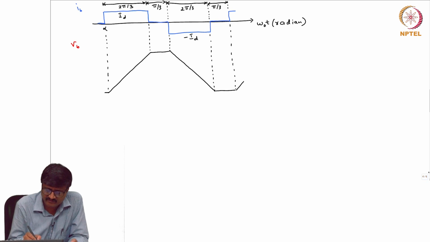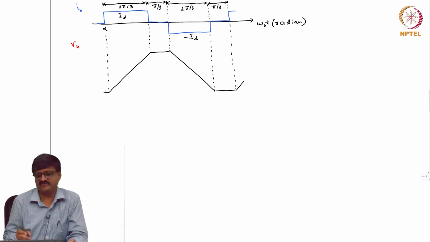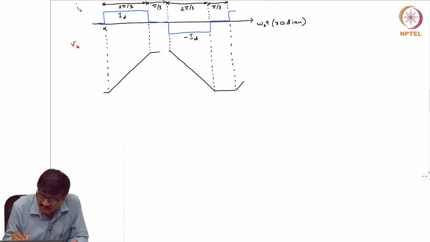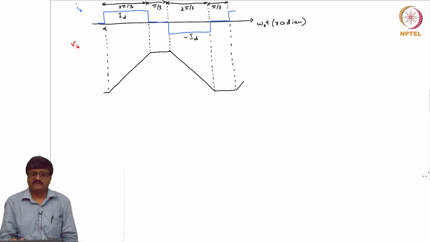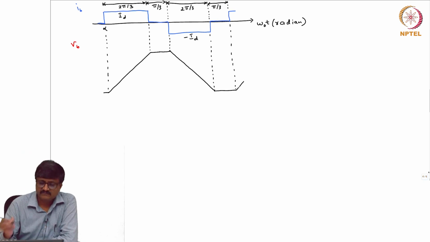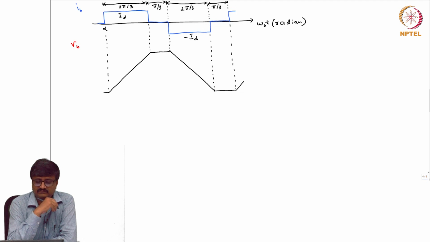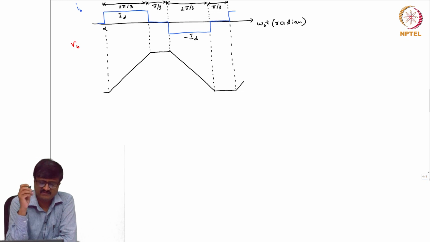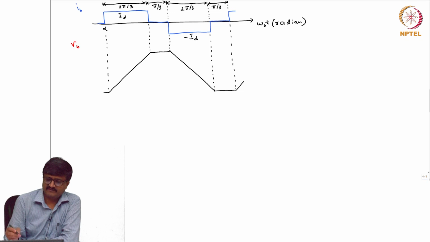Before alpha it would have remained constant. Now, what should be the average value of VB? What do you expect the average value of VB to be?